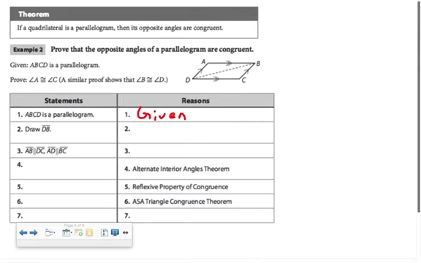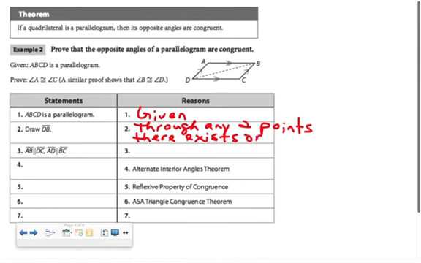They drew segment BD because through any 2 points, there exists one line. I know that AB is parallel to DC and AD is parallel to BC. Again, definition of parallelogram.